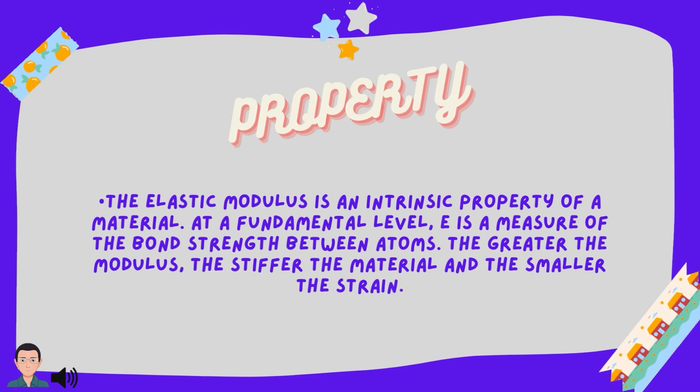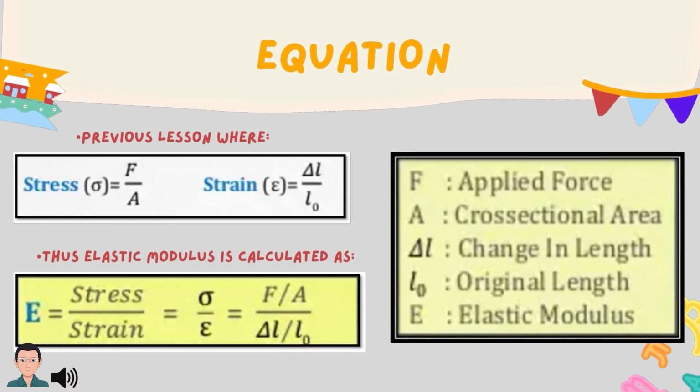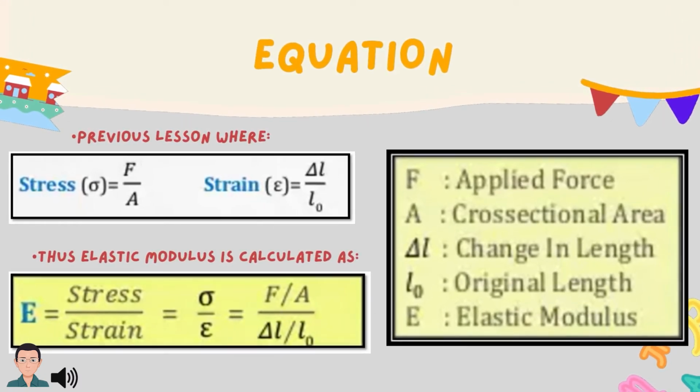At a fundamental level, elastic modulus is a measure of the bond strength between atoms. The greater the modulus, the stiffer the material and the smaller the strain. The equation for elastic modulus is: elastic modulus equals stress over strain. As you can see from previous lessons, stress is equal to applied force over cross-sectional area and strain is the change in length over original length.